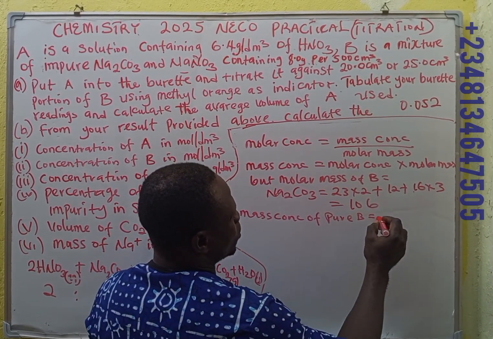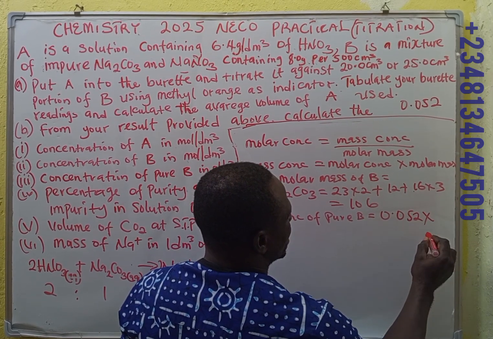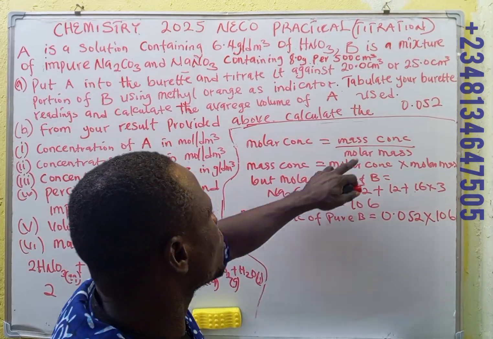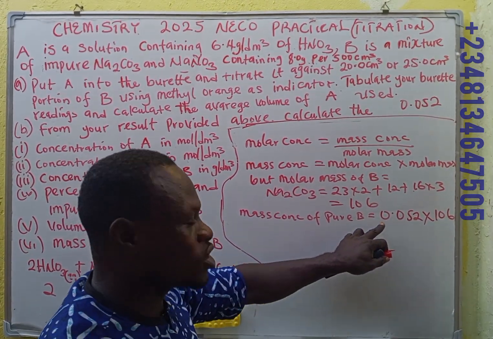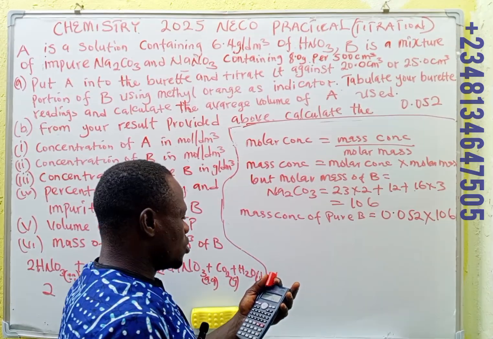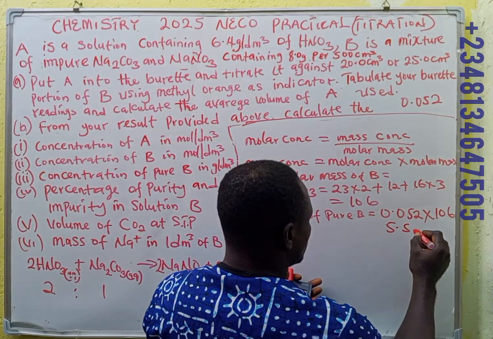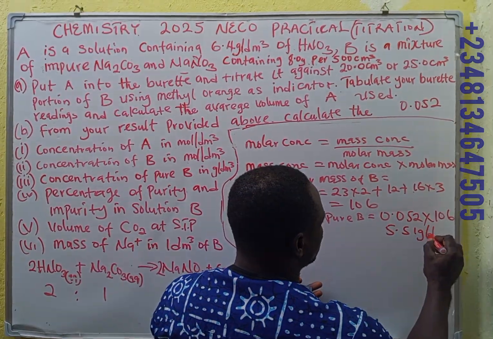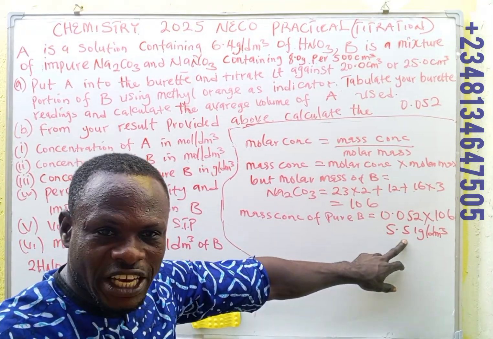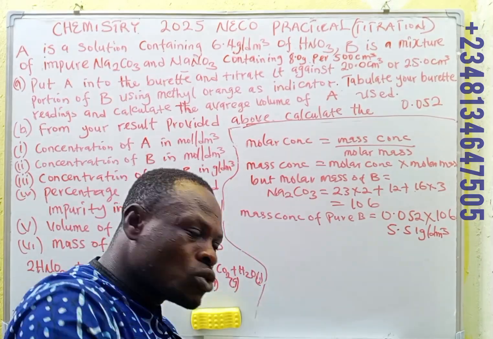I've checked that value. So we have 0.052 times 106. You get that? Because you are looking for the mass concentration of pure. So at the end we have 5.51 grams per dm cube. This is your concentration of pure. Do you get that? The one you calculate is your concentration of pure.